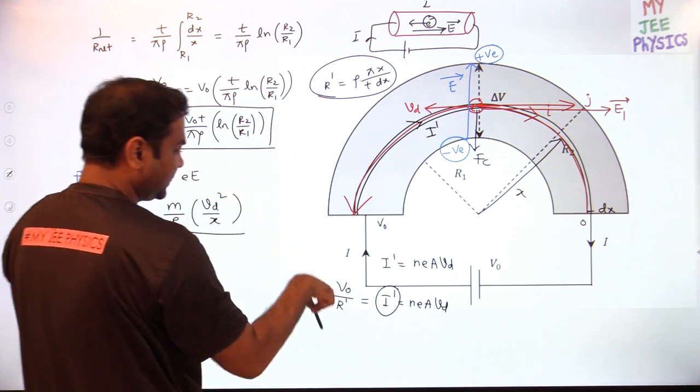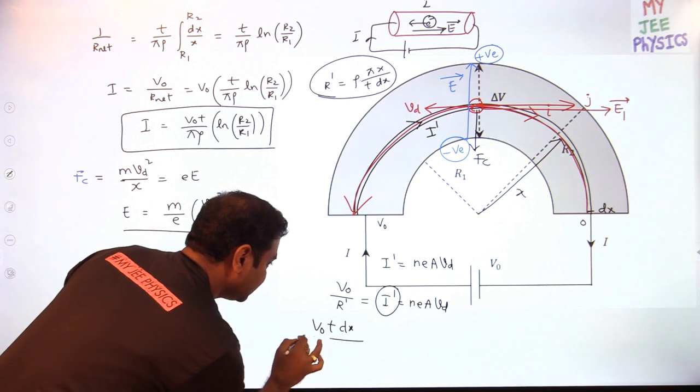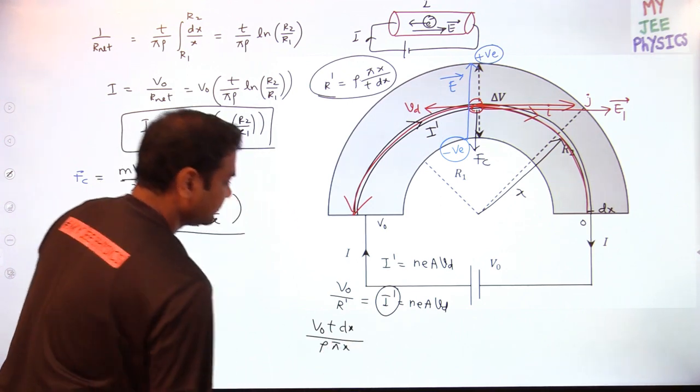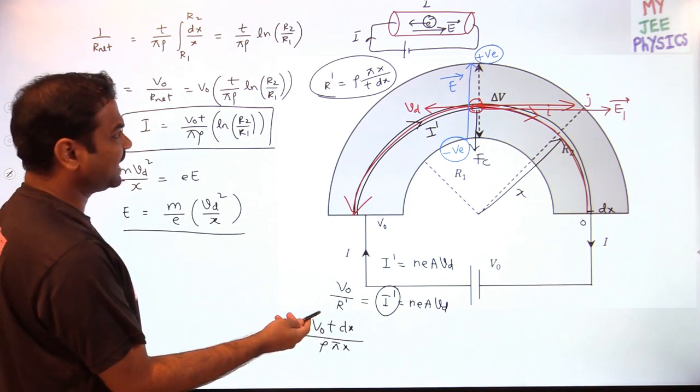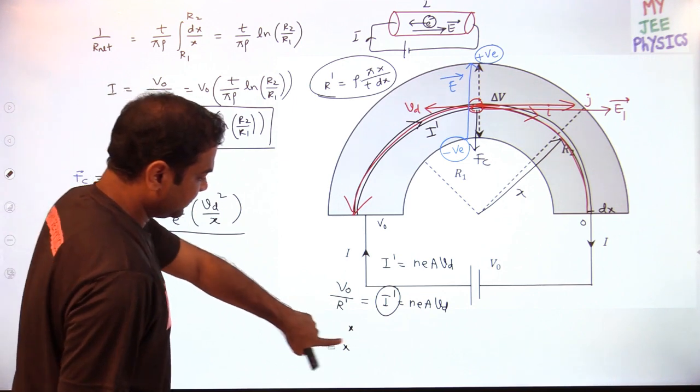So the same thing I am writing here: V naught into T into dx by rho into pi x. Or else you can cancel the area also. Let me change it so that it will be easy for us.